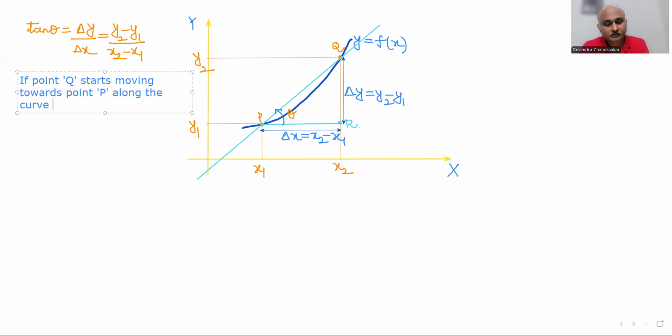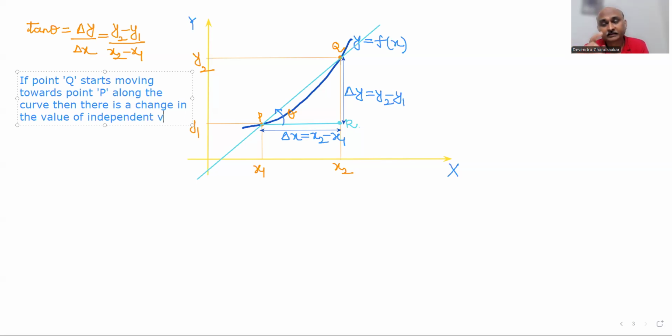then there is a change in the value of the independent variable.